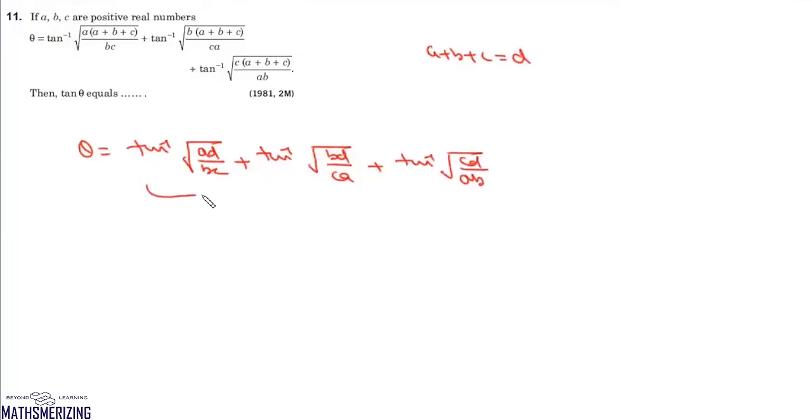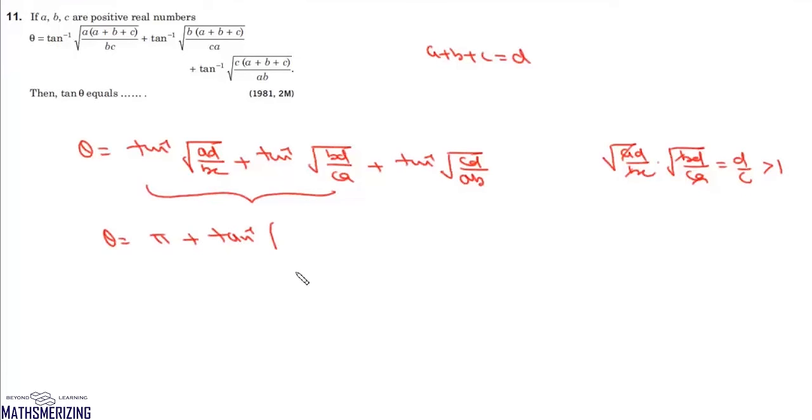Now we'll use the formula for tan inverse x plus tan inverse y. Now we look at the product of x, y. It will be under root of ad upon bc into under root of bd upon ca. Now here a will cancel, b will also cancel. We'll get this as d upon c, and d upon c is greater than 1. And when the product of xy is greater than 1, we'll write this as pi plus tan inverse of x plus y upon 1 minus xy.